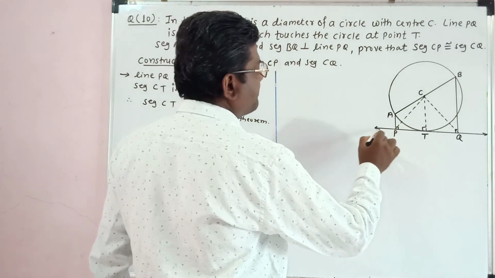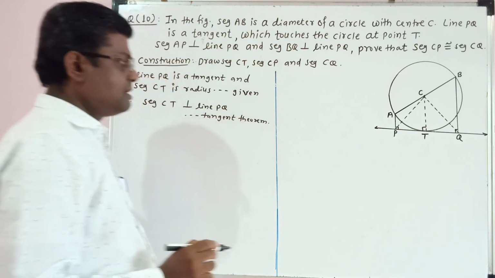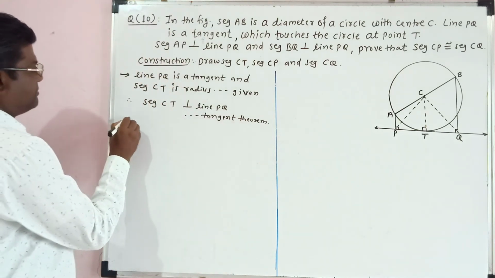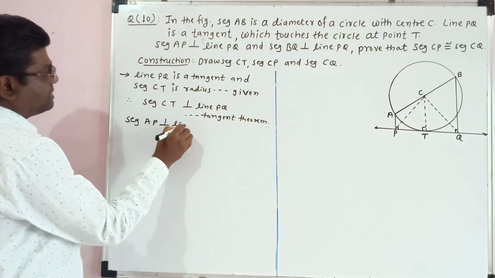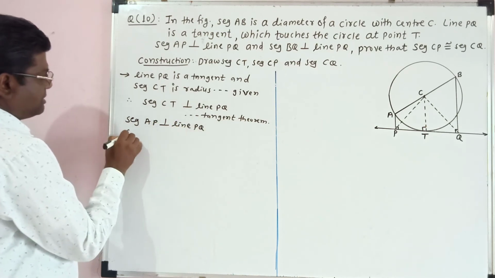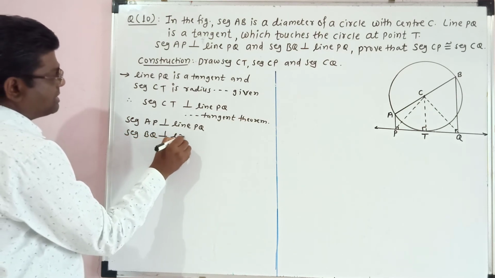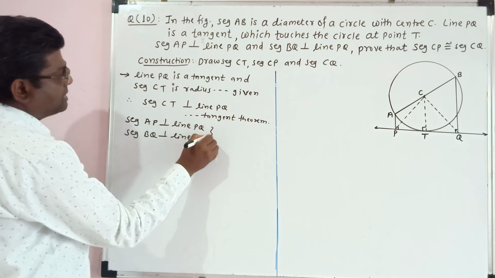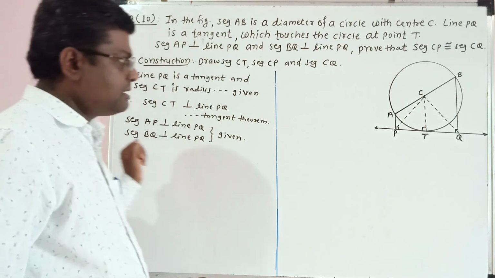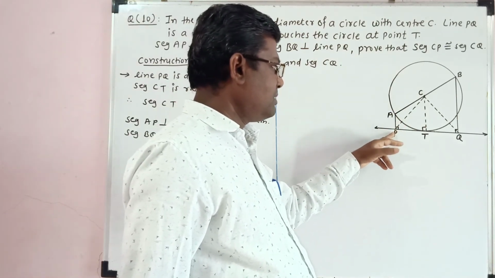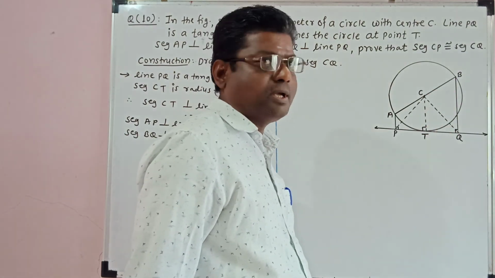Now segment AP is perpendicular to line PQ and segment BQ is perpendicular to line PQ. It is also given. Therefore AP is perpendicular to PQ, CT is perpendicular to PQ and BQ is perpendicular to PQ.